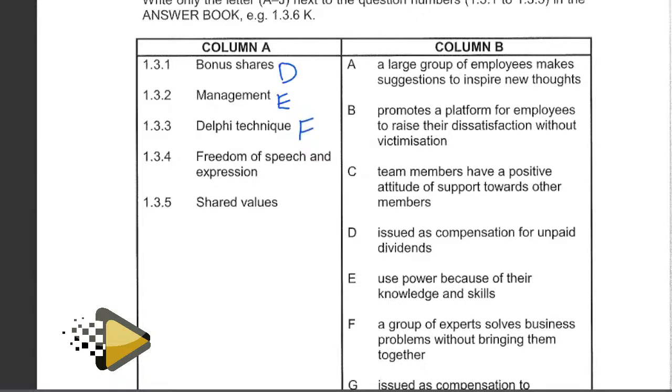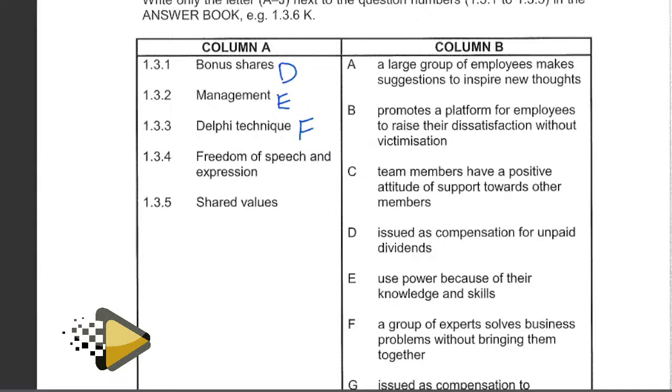Okay, right, Kritovs. Now let's check 1.3.4. It reads as follows: freedom of speech and expression. So most of you guys in grade 12, you normally make a mistake when it comes to this right. Yes, this is one of the diversity rights. It does say that you have the freedom to say whatsoever you want to say, but it doesn't cater for swearing.